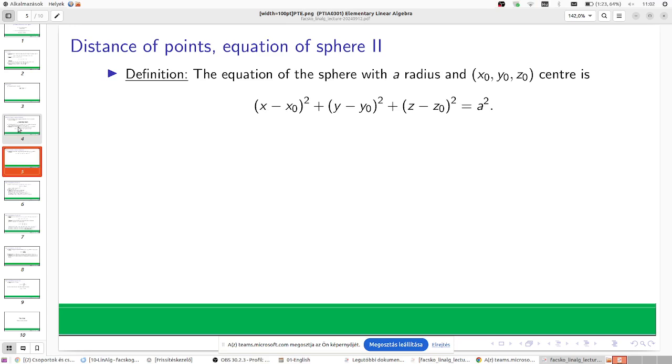So this is the equation in 3D for a sphere. It could be in 2D, 4D, whatever, but this is in 3D.